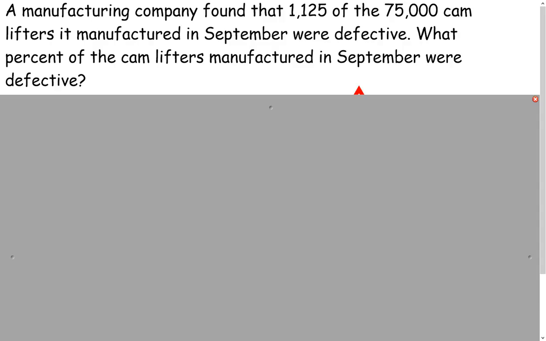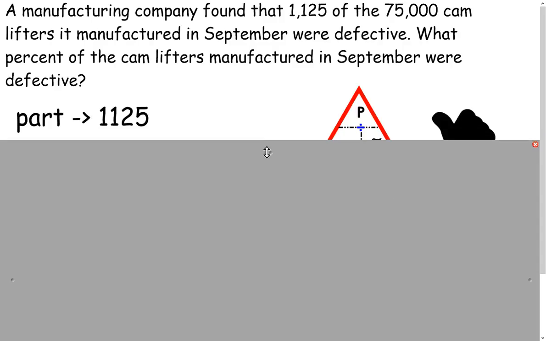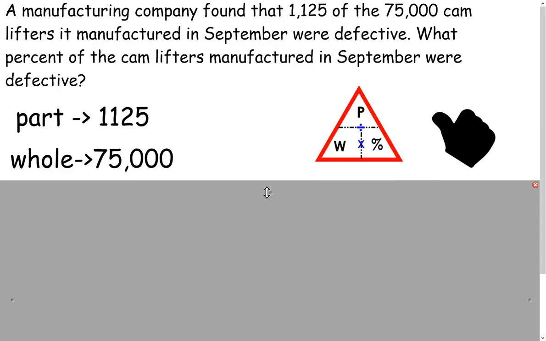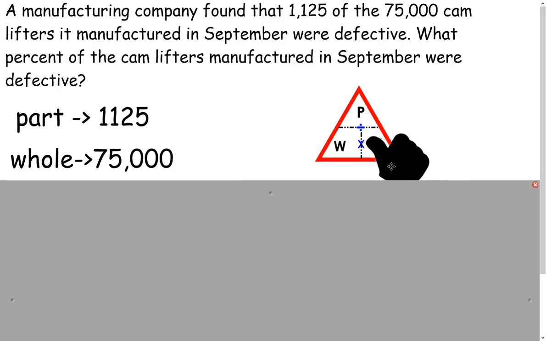Okay. Word problems are our favorite. A manufacturing company found that 1,125 of the 75,000 cam lifters it manufactured in September were defective. What percent were defective? Okay, so we've got 1,125 parts, a whole of 75,000. We're going to cover up our percent because that's what we're looking for. Looks like part divided by whole.